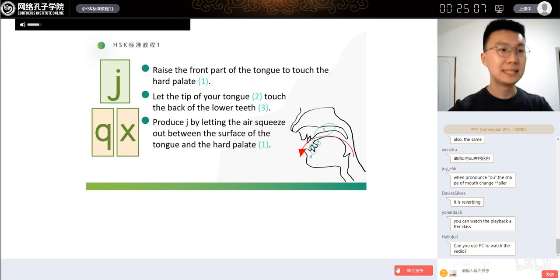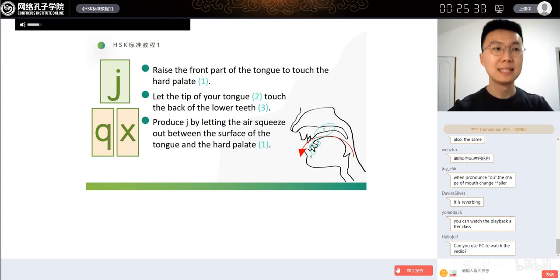When we read ji, you should raise the front part of the tongue to touch the hard palate, and then let the tip of your tongue touch the back of the lower teeth, like this. Try to produce ji by letting the air squeeze out between the surface of the tongue and the hard palate.